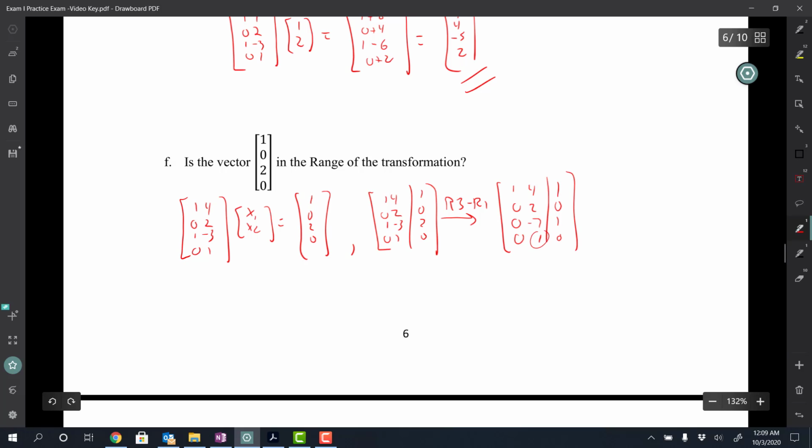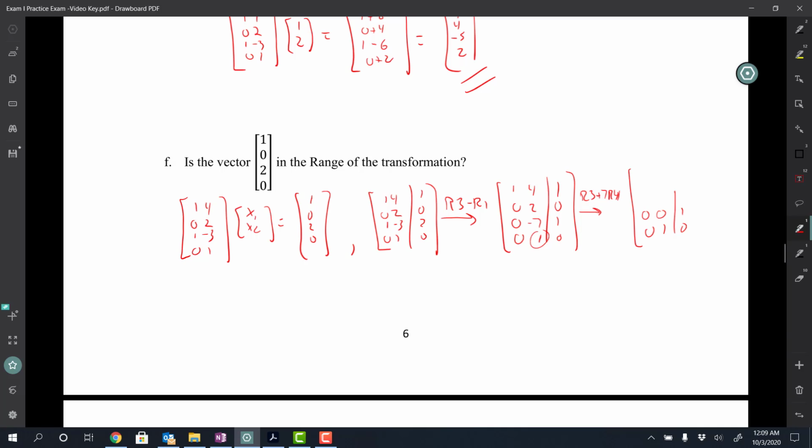Once again, I'm going to use this 1 to get zeros above it. So I'm going to take row 3 plus 7 times row 4. Row 4 will stay the same. I'll have 0, 0, and negative 7 plus 7 times 1 is 0. 1 plus 7 times 0 is still going to be 1.